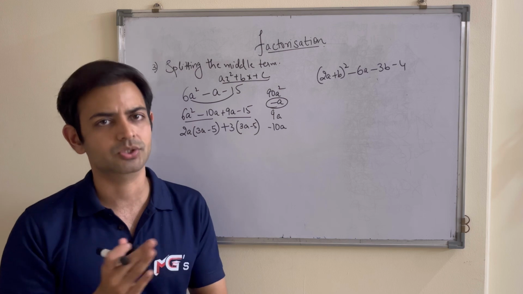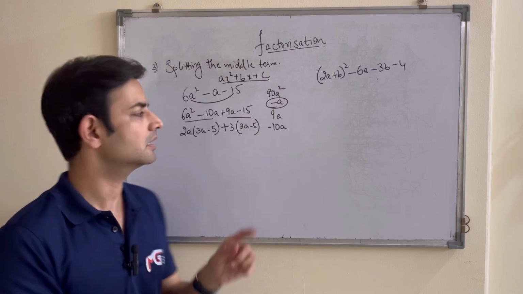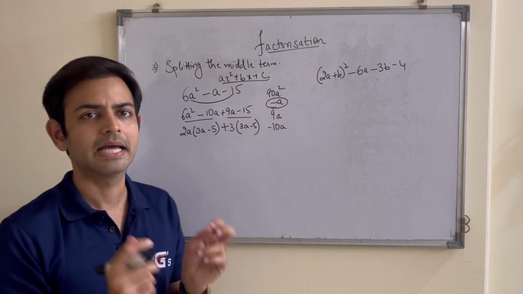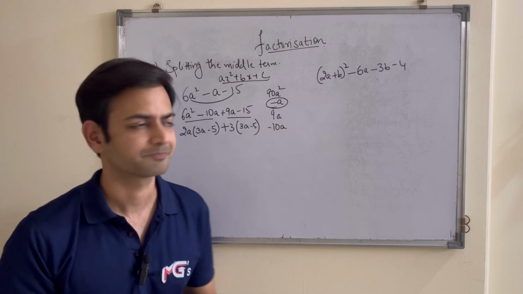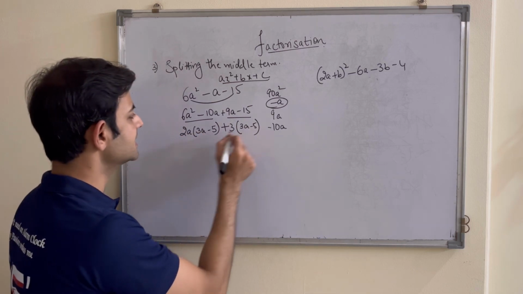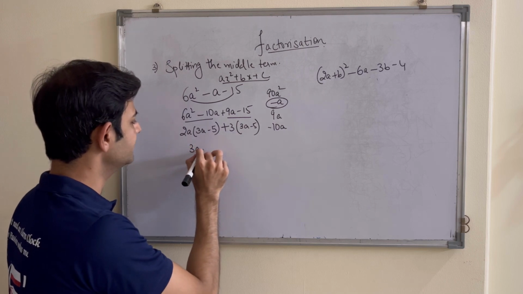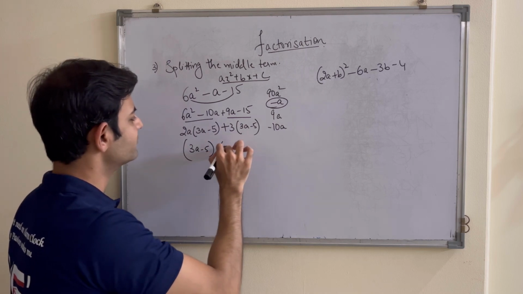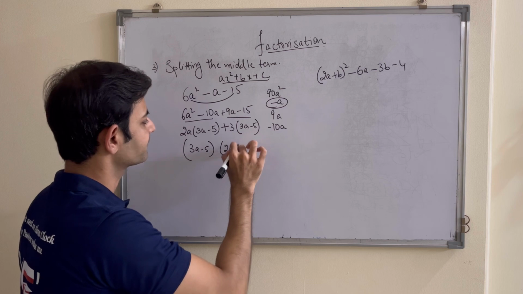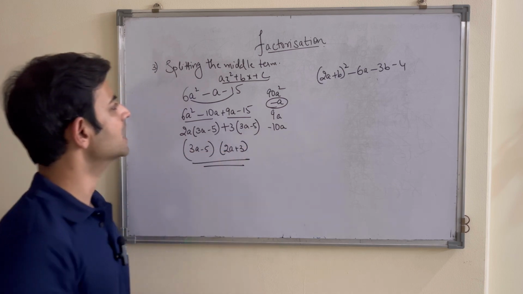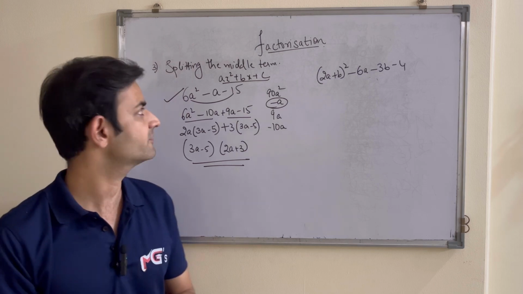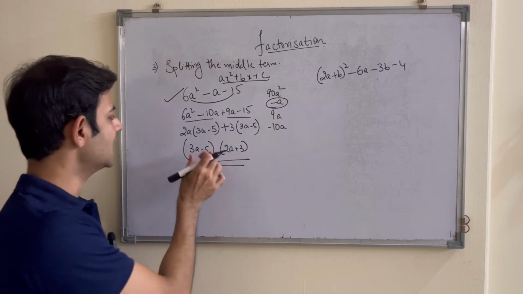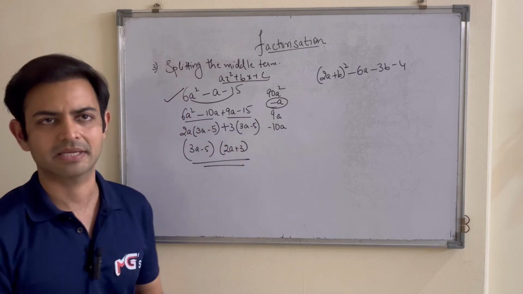If the two brackets we get are different, that means we have made some mistake while choosing the factors. So I can just take this 3a minus 5 common, and I am left with 2a plus 3. So this is my answer for factorization of 6a square minus a minus 15, and my factors are 3a minus 5 and 2a plus 3.